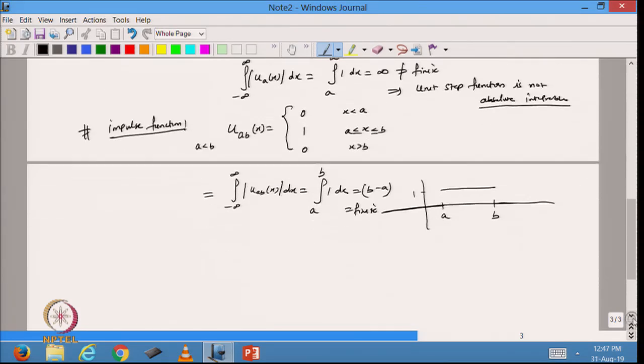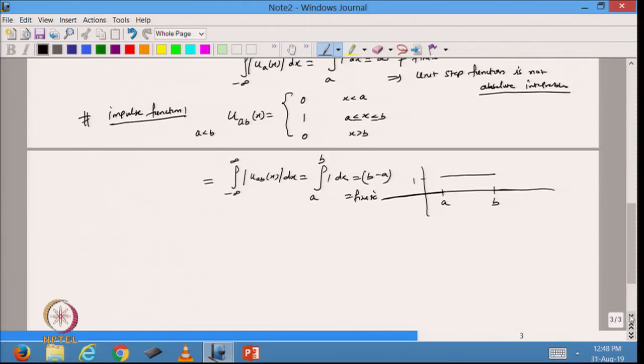So, the impulse function satisfies all the conditions, and then I can define the Fourier transform of the function u_ab.